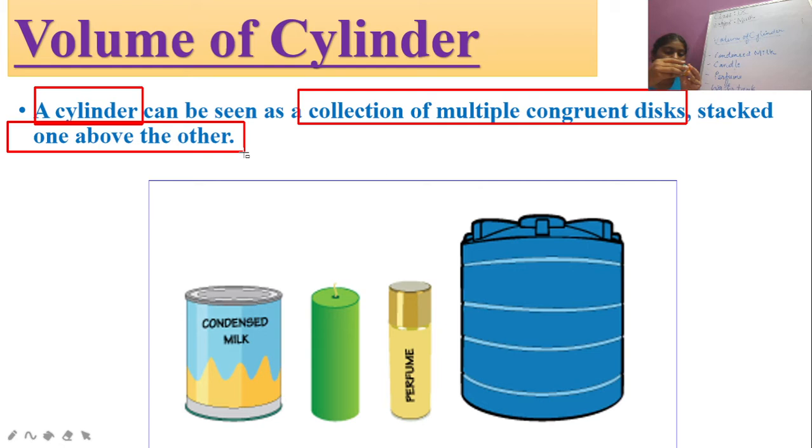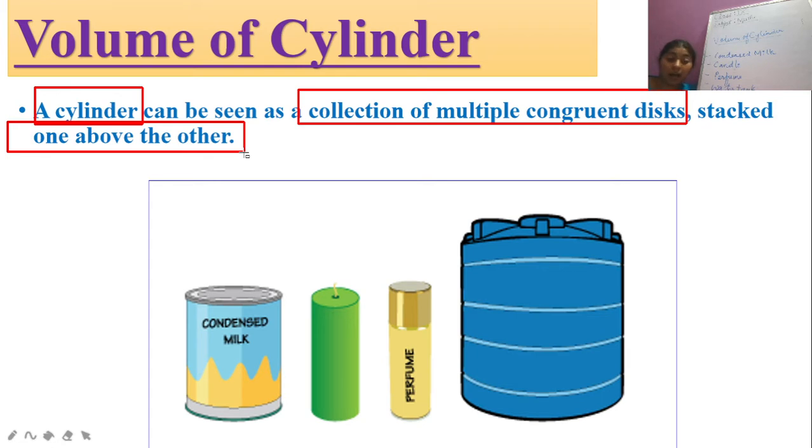Yes, we get the shape of a small cylinder. I have three tapes, and I've arranged them and it makes a cylinder. So a collection of multiple discs stacked one over another forms a cylinder.